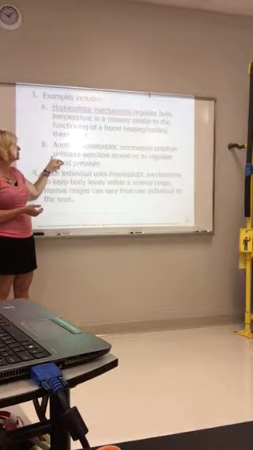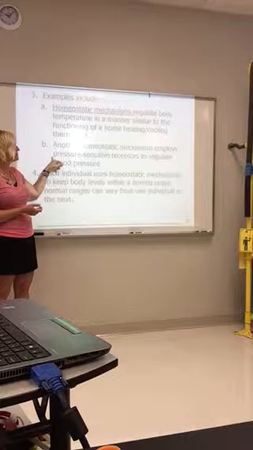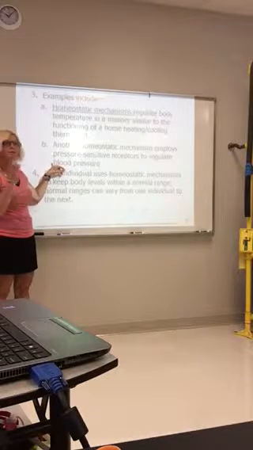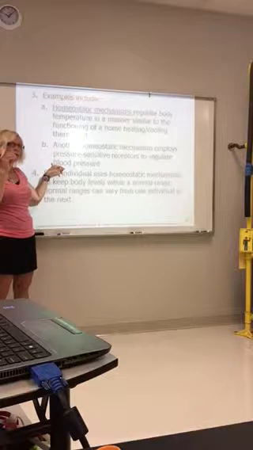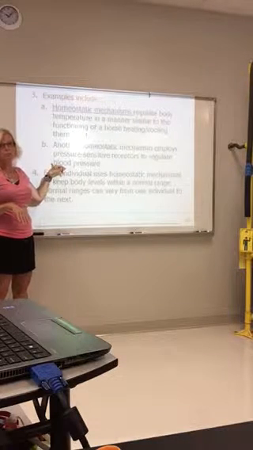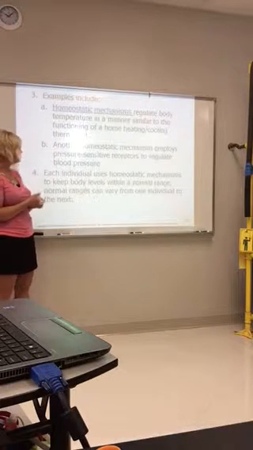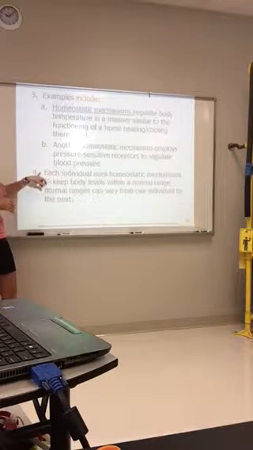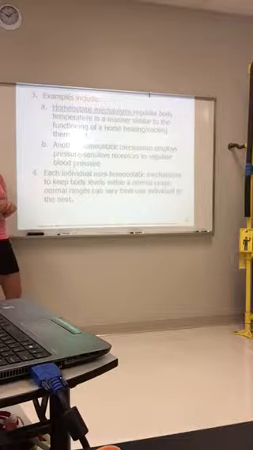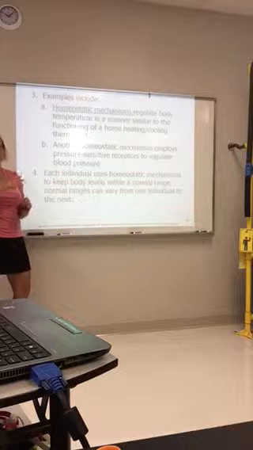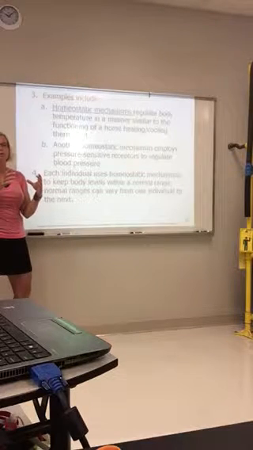Another example would be pressure-sensitive receptors regulating blood pressure. You do not want blood pressure that's too high, and you don't want blood pressure that's too low. So you have mechanisms that keep it pretty balanced. Every person is going to use these mechanisms to keep your body in that homeostasis range.